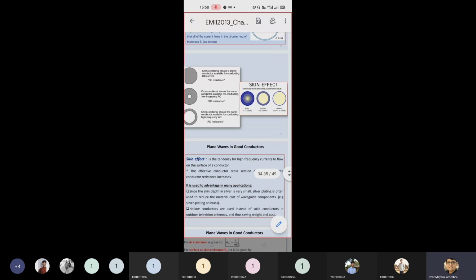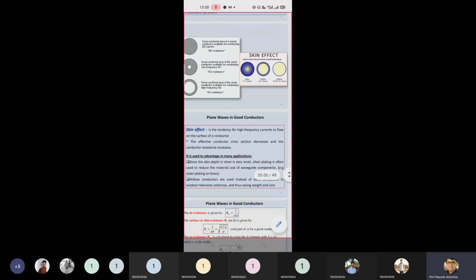Now concentrate on the same with the horizontal circles. When the frequency is 60 hertz, your current is exactly passing through the center part of your conductor. But when you increase the frequency, current cannot go inside your conductor. And further, if I increase the frequency, current only just touches your conductor. This effect is considered as the skin effect.